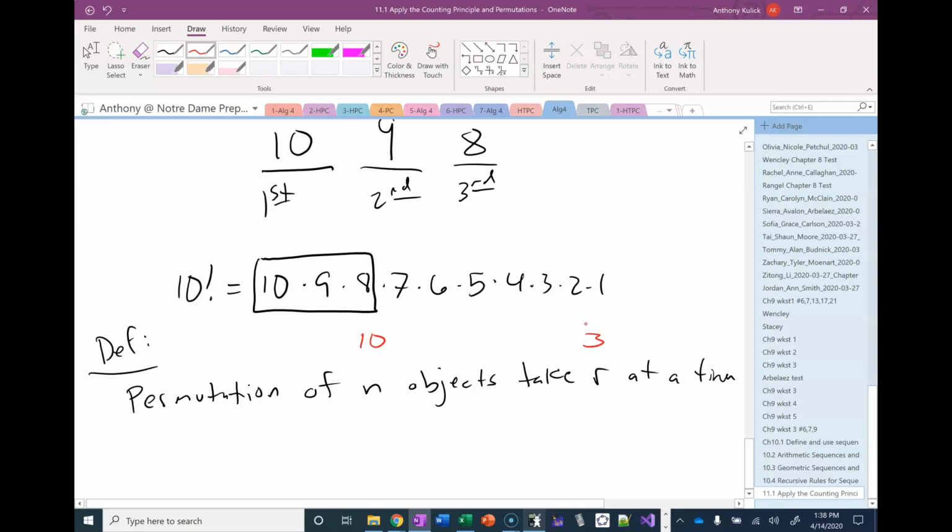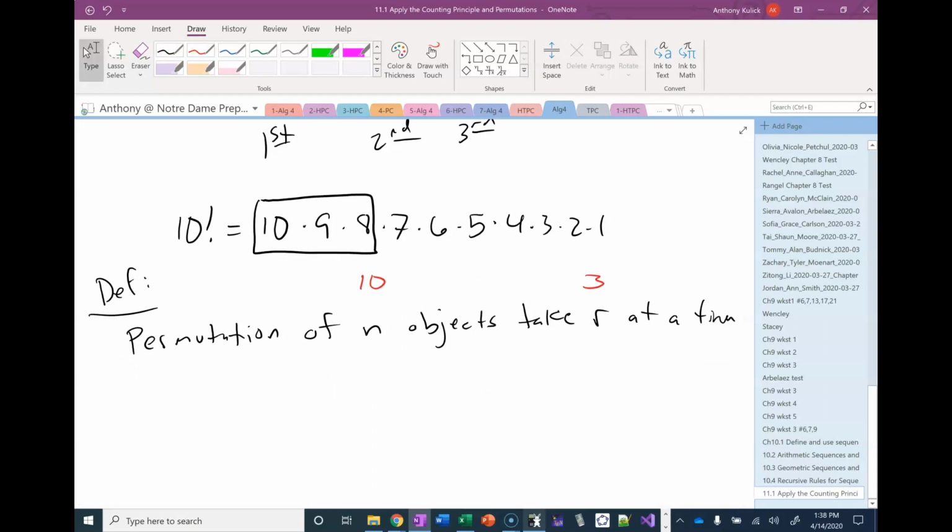There's a first place, a second place, and a third place. 3 medals to give out. So the symbol that we're going to use to denote this is n, which is a subscript, a big P, and then an r that's a subscript. And this is going to be n factorial over n minus r factorial.